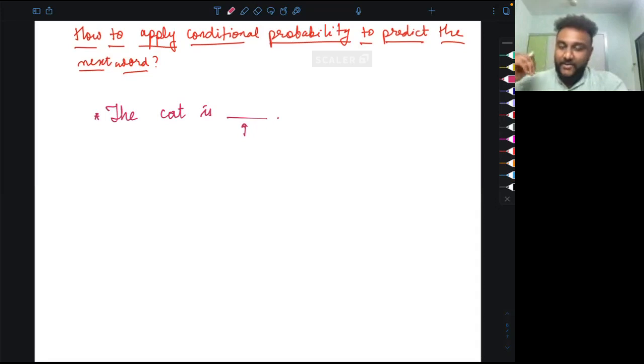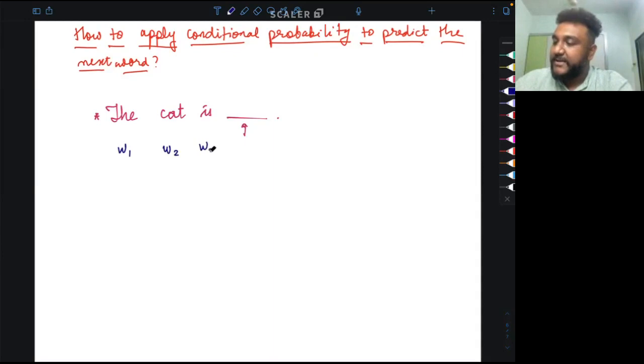Let us say I already knew the conditional probabilities that are required to solve this problem. Can anybody think of a way to do this to make the notations easier? Let me do this. I'll call this word 1, word 2, word 3, and what I want to predict here is word 4.